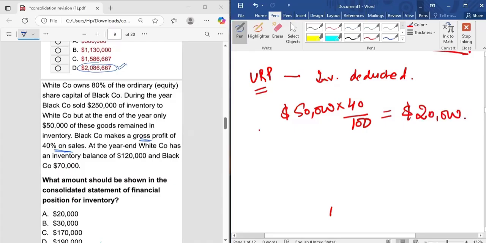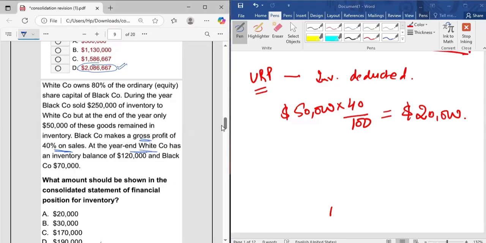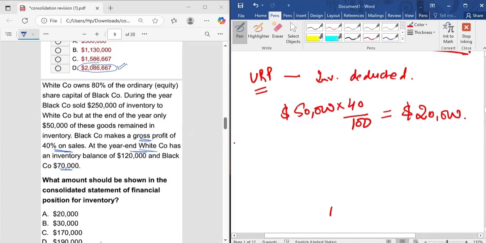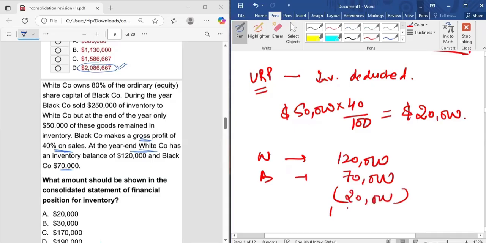Now add the inventory of White Company and Black Company and deduct 20,000 from this. Inventory of White Company is 1,20,000, that of Black Company is 70,000, and deduct the unrealized profit of 20,000. So this would come out to be 1,70,000.